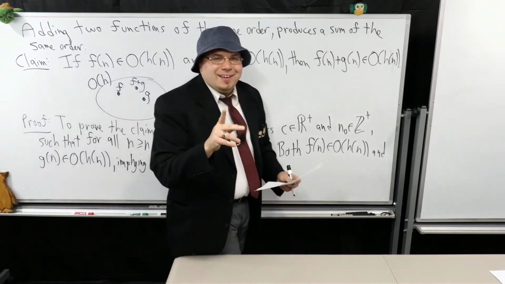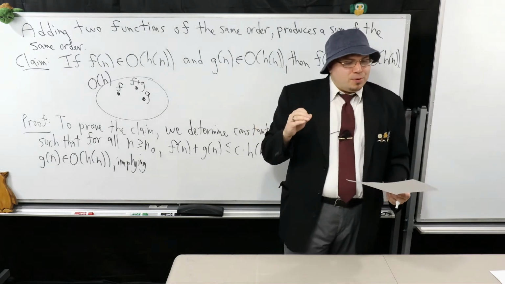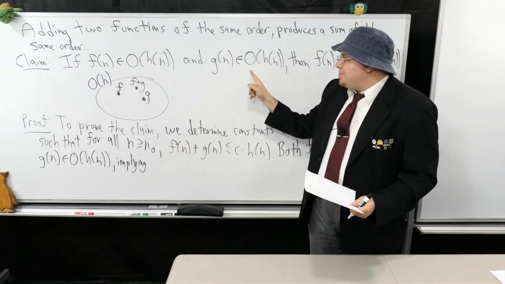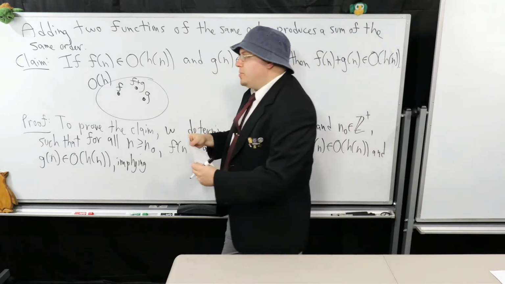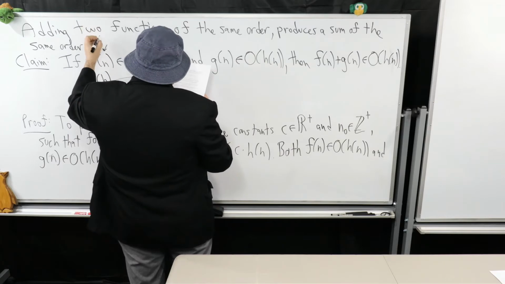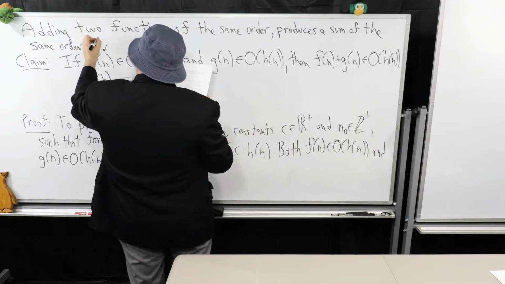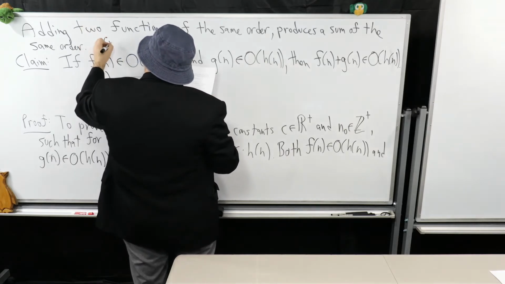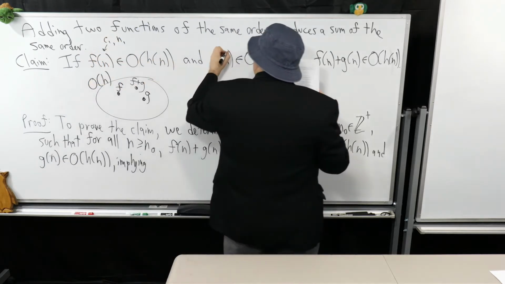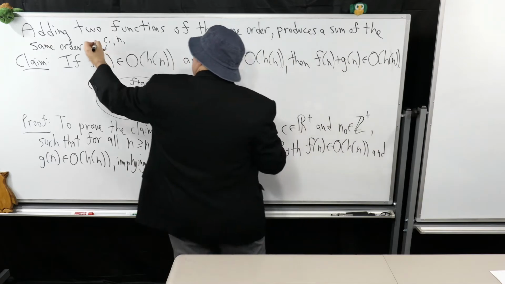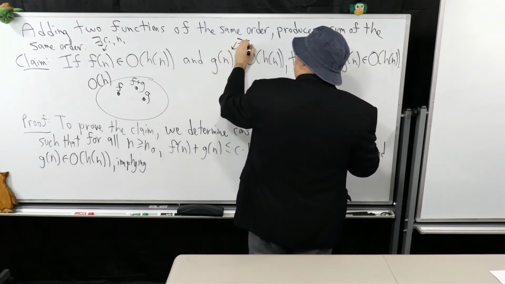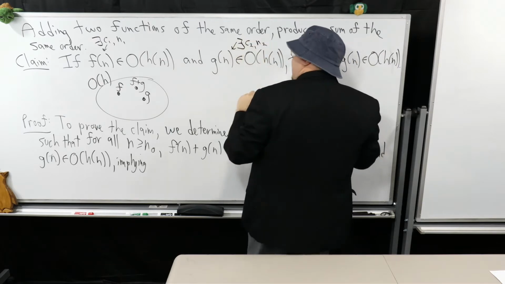If I know that this and this are true, that means that there indeed exist constants. You can call them, for example, C1 and N1. I know that these exist. There exist these two constants. In addition here, I know that there exist two constants.